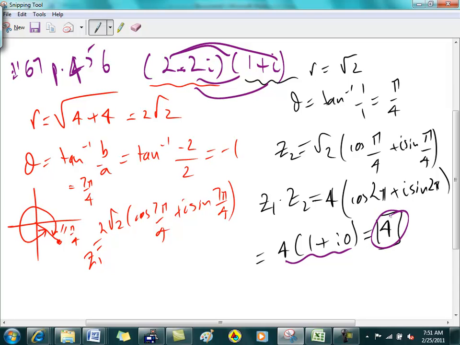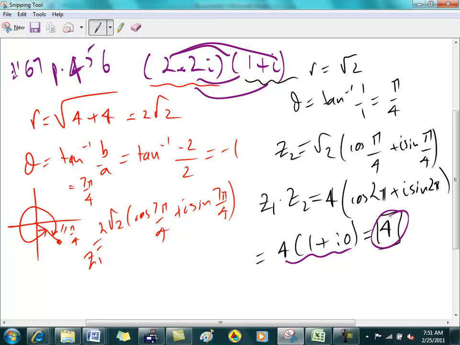Let's do the rules, okay? If I tell you leave the answer in trig form, leave it in trig form, unless I tell you give me the answer, even if it's like pi over 2 or 3 pi. Okay? Well, i times 0 is 0. Anything times 0 is 0, okay?